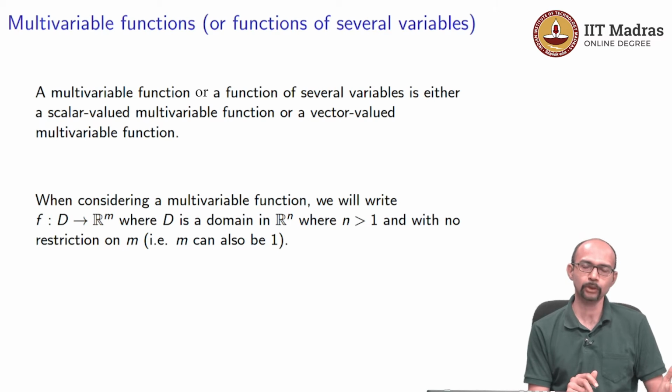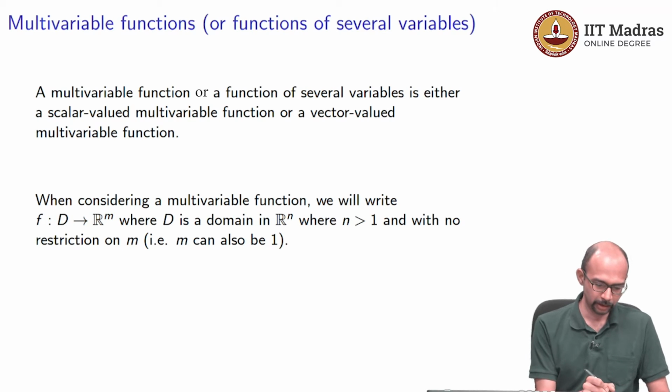So m could be 1 or m could be larger. If it is larger, then that will fall under the category of vector valued multivariable functions. If it is 1, it falls under the category of scalar valued multivariable functions. So we will not distinguish between these when we say just multivariable function. If there is a reason to distinguish, we will make it explicit. But much of what we are going to study is scalar valued multivariable functions.